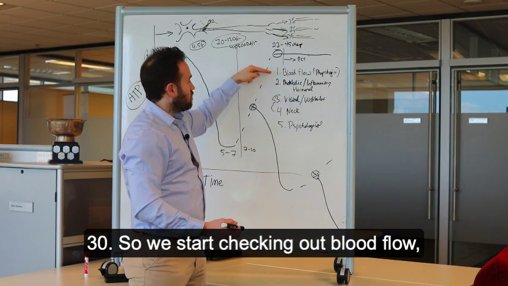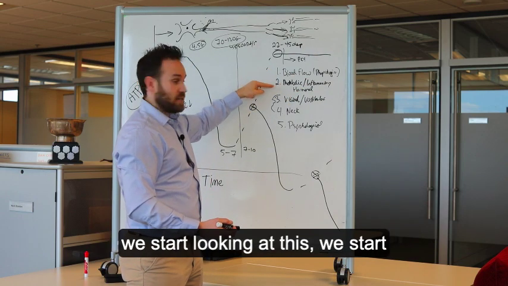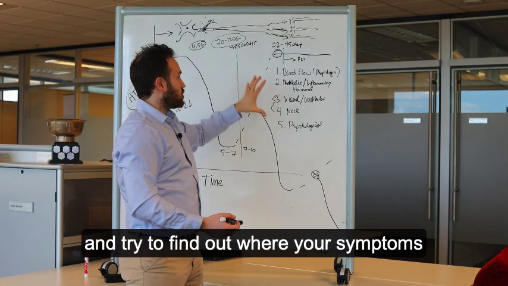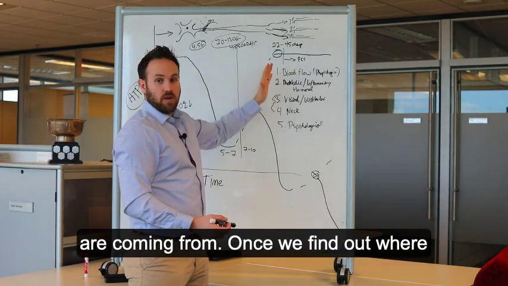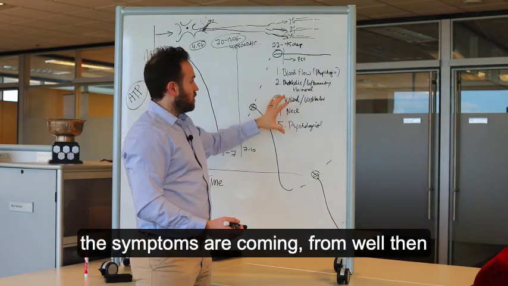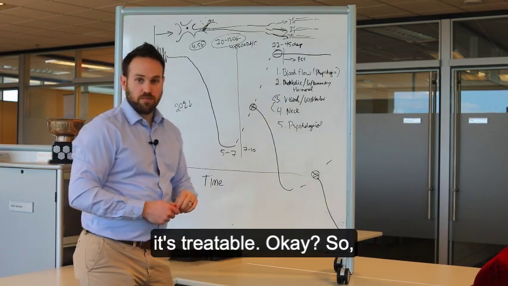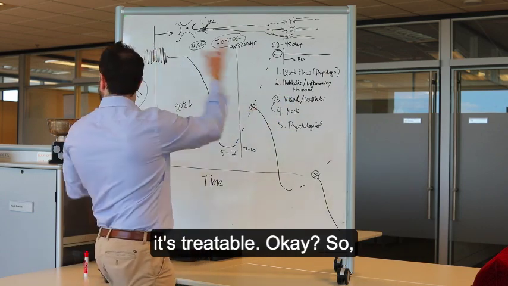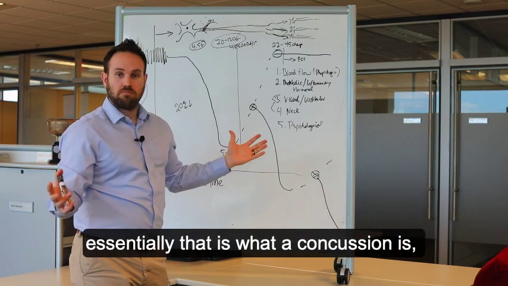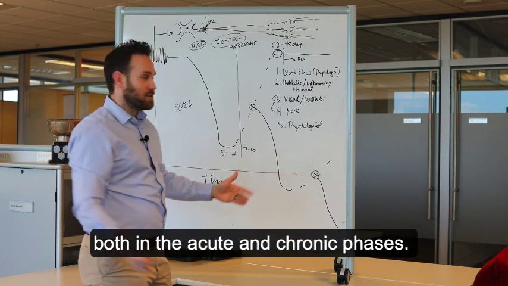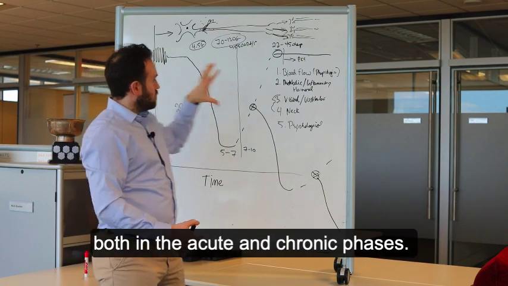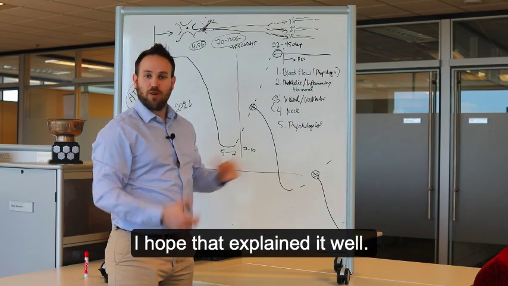So we start checking out blood flow, and looking at each of these, to try to find out where your symptoms are coming from. Once we find out where the symptoms are coming from, then it's treatable. Essentially, that is what a concussion is, both in the acute and chronic phases. I hope that explained it well.